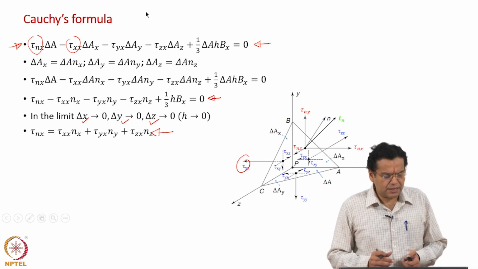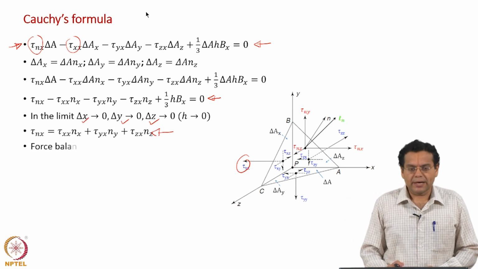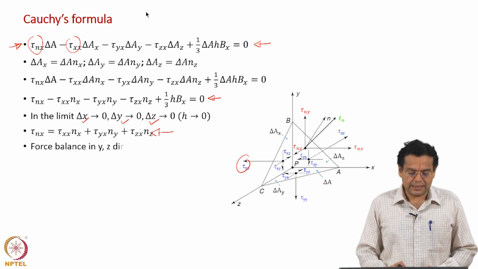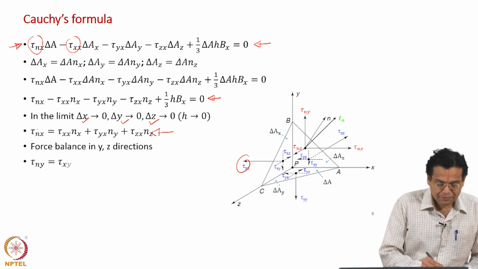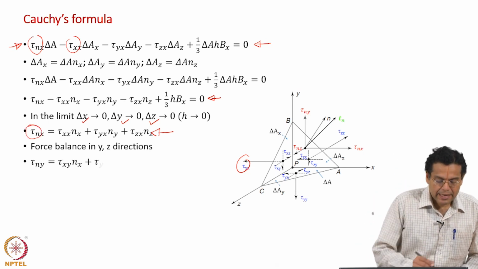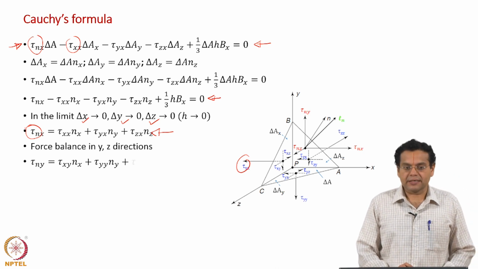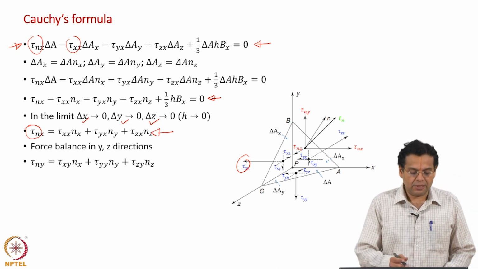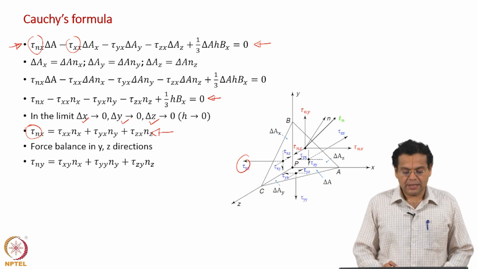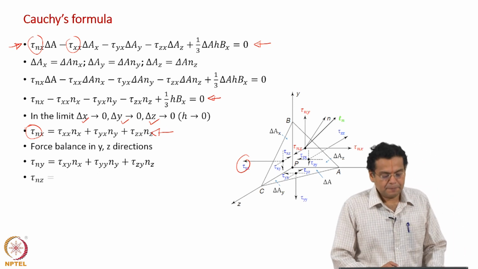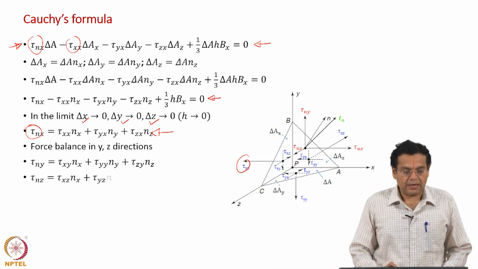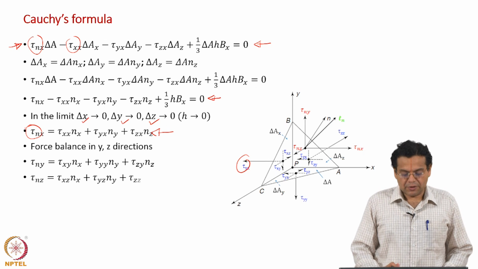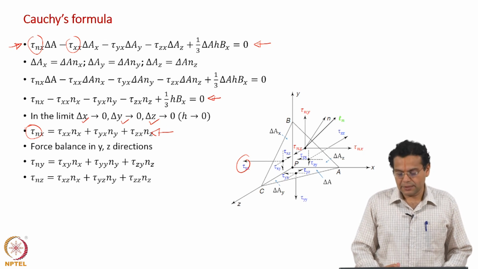Now, we can do a similar force balance along the y direction and then the z direction, and then get what we have done now. We have related this x component of our stress vector, that is what we are interested in, in terms of tau xx, tau yx, tau zx. If we do it for the y and z directions, okay, we get analogous relationships for the other two directions as well.